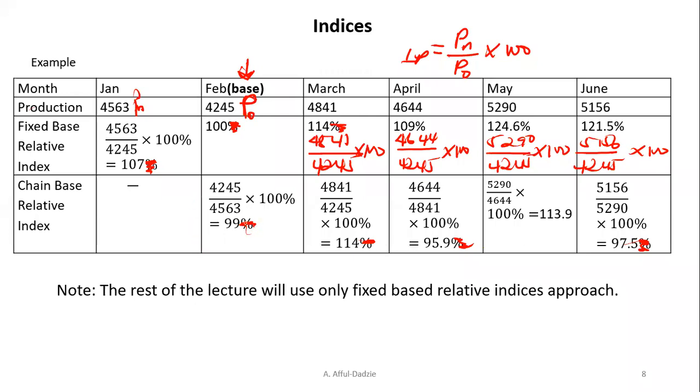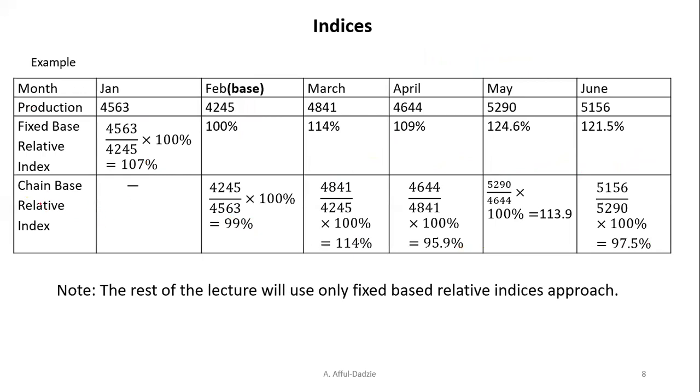All right. Having sorted that out, the second instance is the case of the chain-based relative index. For the chain-based relative index, we assume that the period that comes just before the current period of interest is our base period. So for instance, if I am interested in February, then January will be used as the base period.